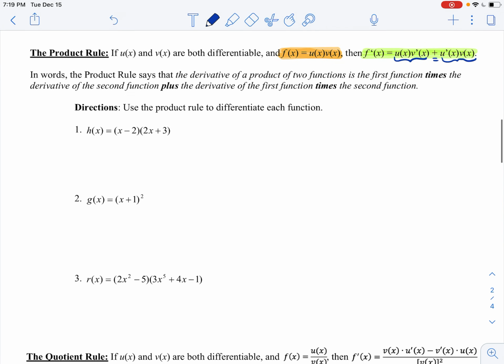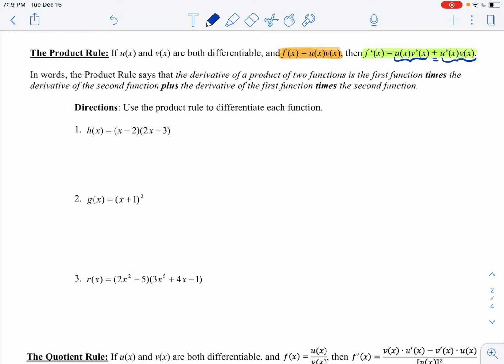It's also written in words here, if that's an easier way to look at it. So the product rule says that the derivative of a product of 2 functions is the first function times the derivative of the second function plus the derivative of the first function times the second function.